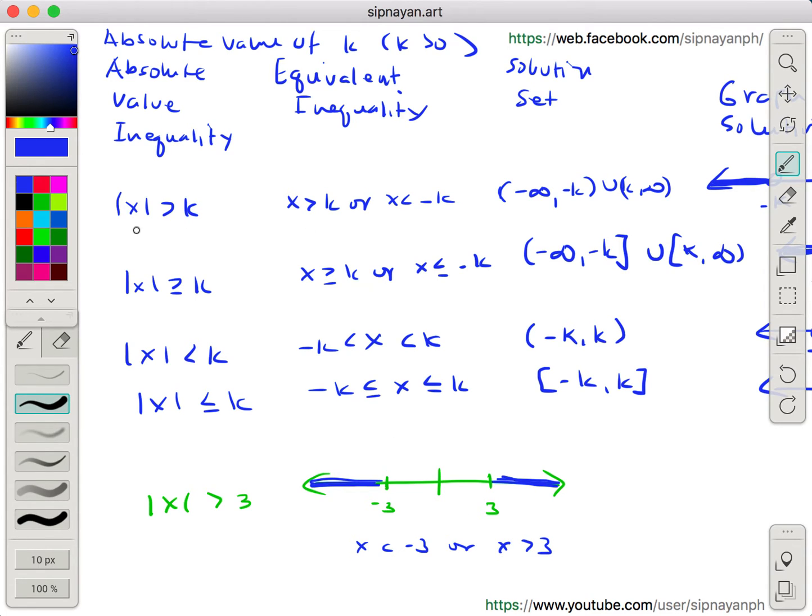So, if the absolute value of x is greater than k, for k greater than 0, then x is greater than k or x is less than negative k.